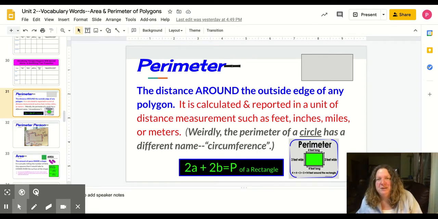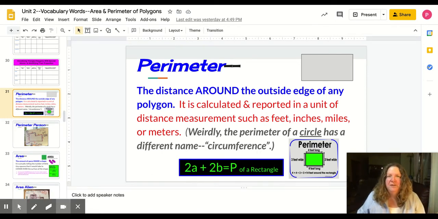And now I also want to draw your attention to the formula to find the perimeter of rectangles. You can add up all the way around, or you could do 2A. Here's the formula, 2A, and remember when a number and a letter are squished right next to each other, there's an invisible multiplication sign in there. So it's 2 times A, 2 groups of A, plus 2B.